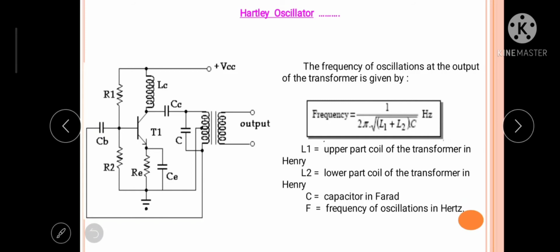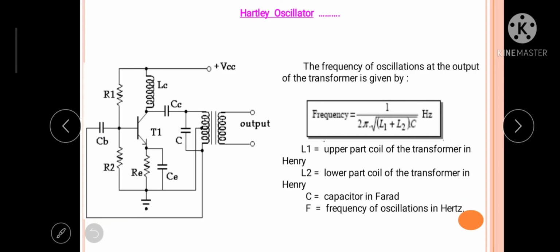In this particular case, this amplifier along with its supporting components provides a phase shift of 180 degree, and this LC tank circuit provides an additional 180 degree phase shift, and the total feedback is 360 degree, or we can say it is 0 degree, or even we can say it is a positive feedback. And the second condition is regarding the amplifier circuit whose gain should be greater than 1.